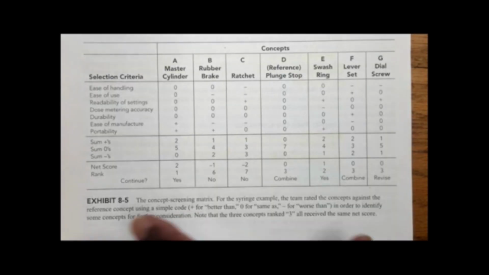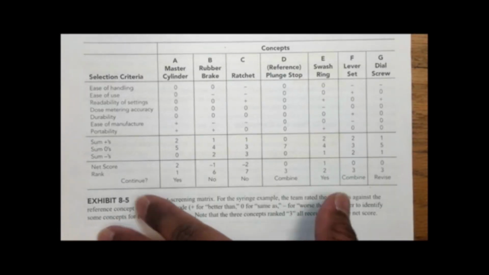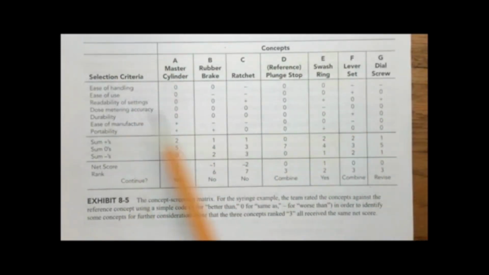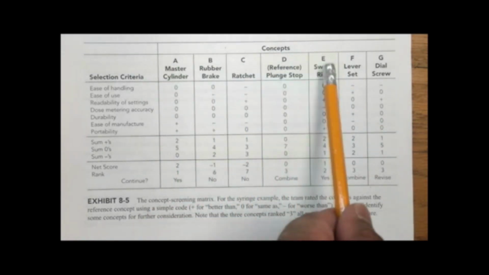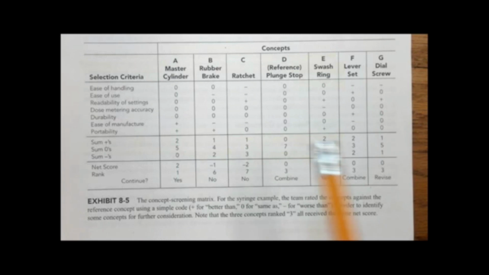So this is how screening works. It's like a matrix. So we have rows and then we have columns. And the rows and columns basically capture 2 pieces of information. The first is concept. So we have different concepts, A, B, C, D, E, F, G, which are different concepts or models for what we want to make. So these are what are being compared. So it's called concepts.